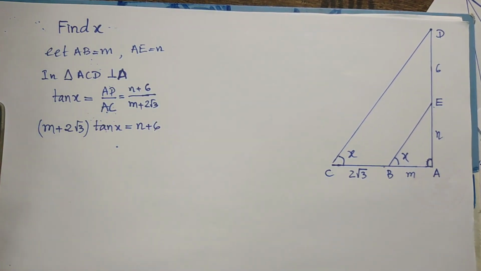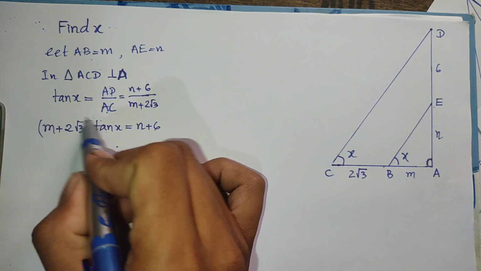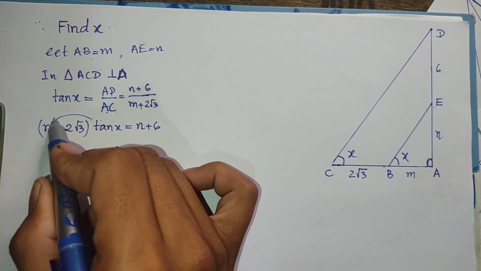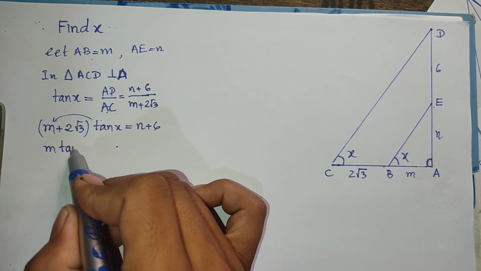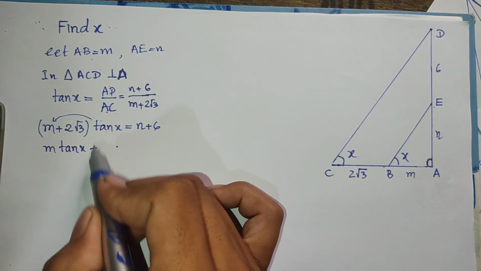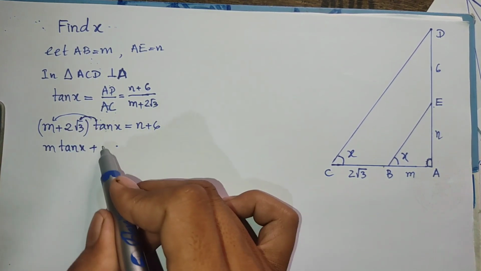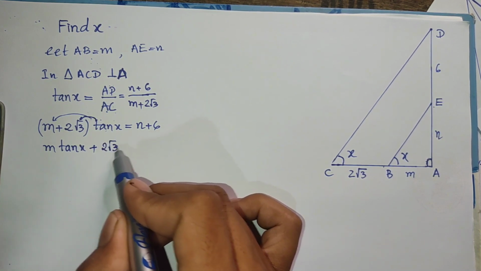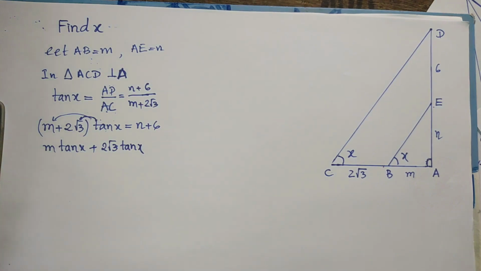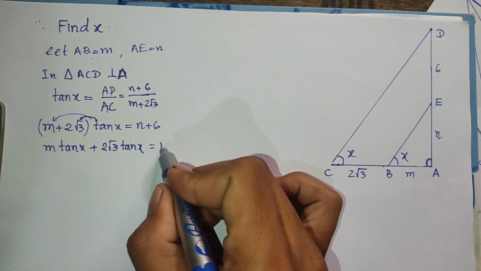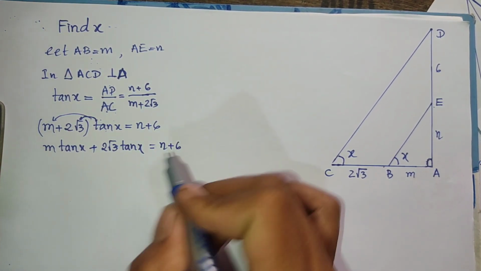Now I multiply this to the left-hand side, so we get m plus 2 square root 3, multiplied by tan h, equal to n plus 6. Expanding, we get m multiplied by tan h plus 2 square root 3 multiplied by tan h equals n plus 6.